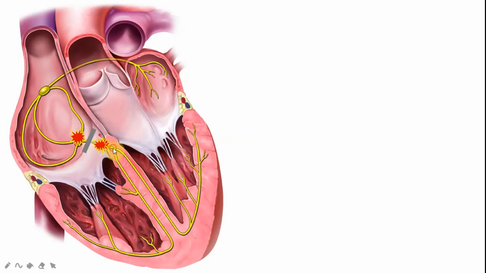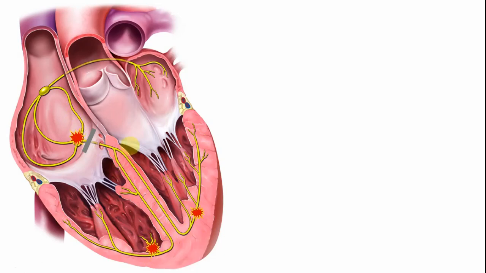So what is happening is that from the lower part of the bundle of His, distal to this block area, cardiac impulse is generated. Now a few things you can find here. First of all, the SA node is producing cardiac impulse, so there will be a P wave, and the P wave is coming at a constant rate around 100 beats per minute. If you look at the cardiac impulse which is generated from the bundle of His, that is appearing at a slow rate around 40 beats per minute.